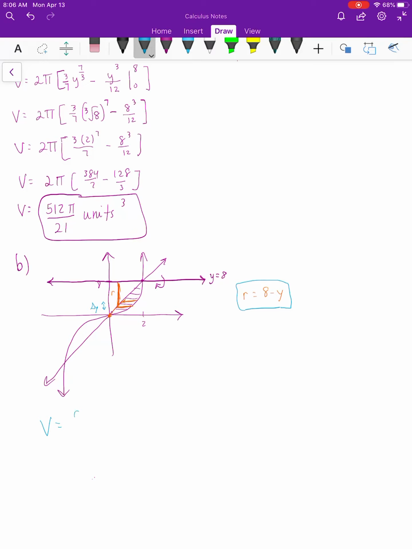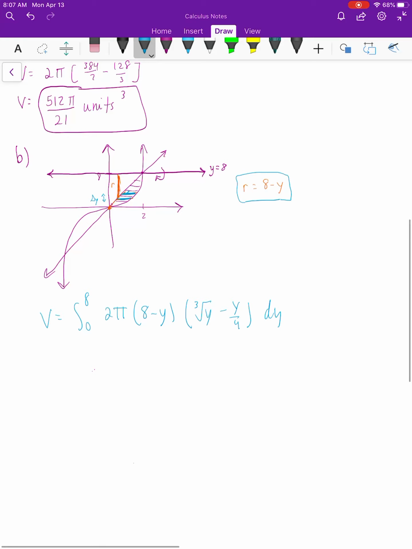So representative rectangle parallel to our axis of rotation, going from 0 to 8, 2 pi times r, which is 8 minus y, times, and then again we're looking for this distance, which is going to be right minus left, so cube root of y minus y over 4 dy.